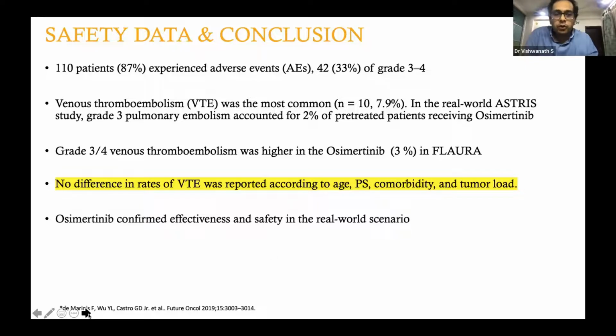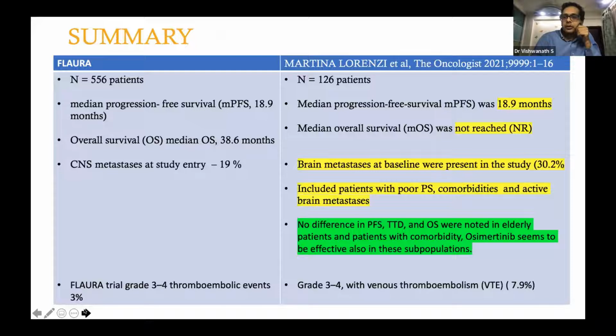And most importantly, no difference in the rate of venous thromboembolism was reported even if the patient was elderly, had poor performance status or comorbid disease, or had a high tumor load. So this is the summary which we have spoken about in detail.